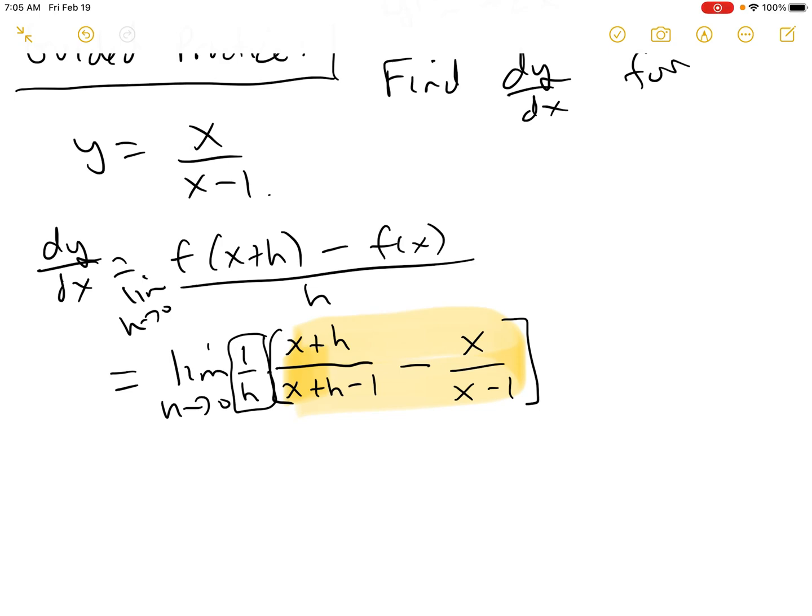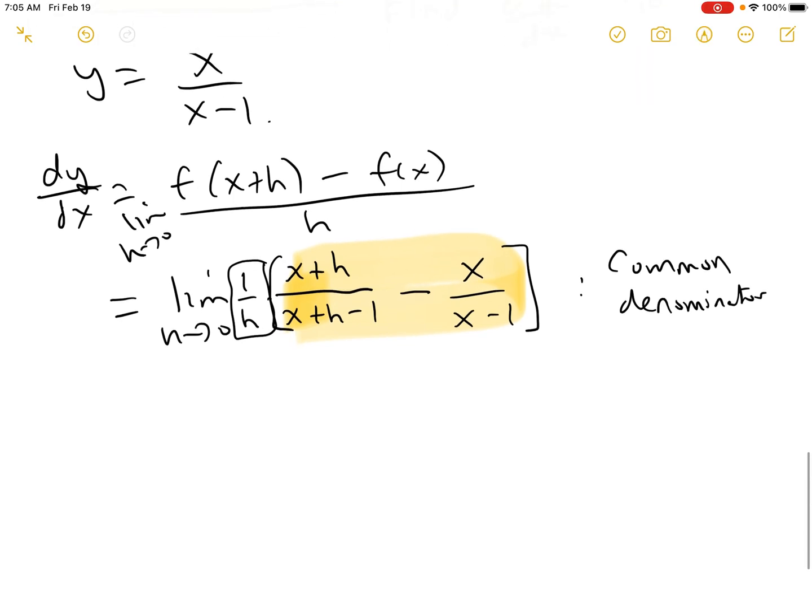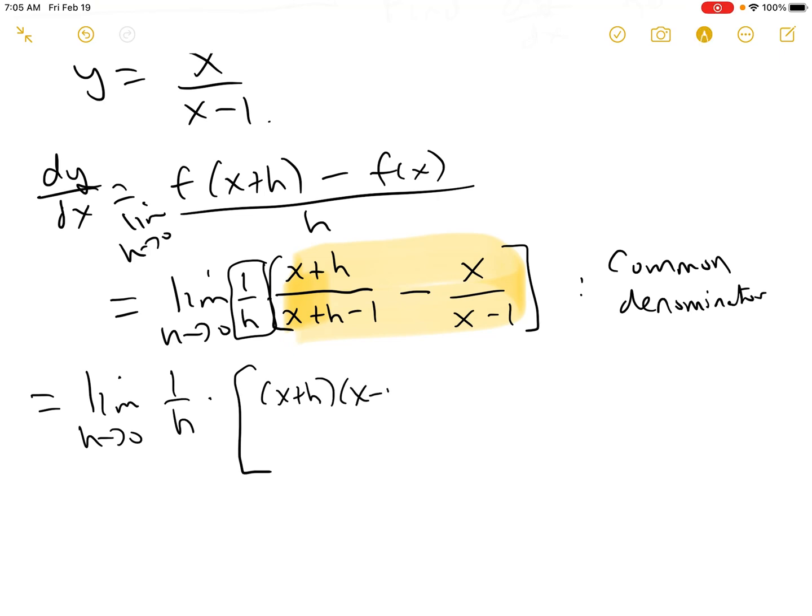All right, well, it's a fraction, so let's find a common denominator. And it's always just going to be the product of the denominators. There's that 1 over h. So up top here, I'm going to multiply by x minus 1.